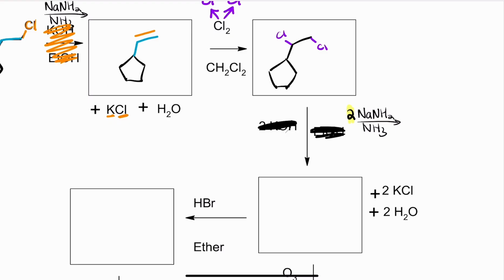So it literally means NaNH2 and NaNH2. And that's important because what you're going to see is that one of the Nas takes one of the chlorines, and the other Na takes the other chlorine.